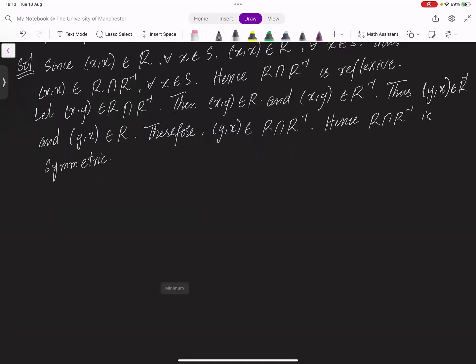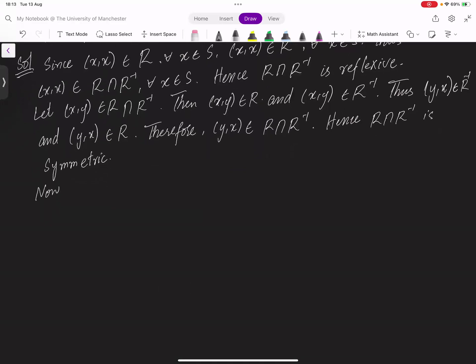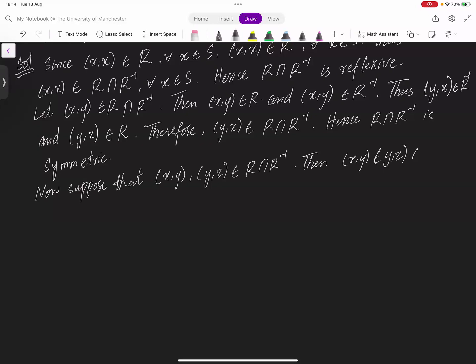Now, suppose that there are two ordered pairs (x, y) and (y, z) in the intersection. Then these ordered pairs will also lie in the relation and the inverse of the relation.